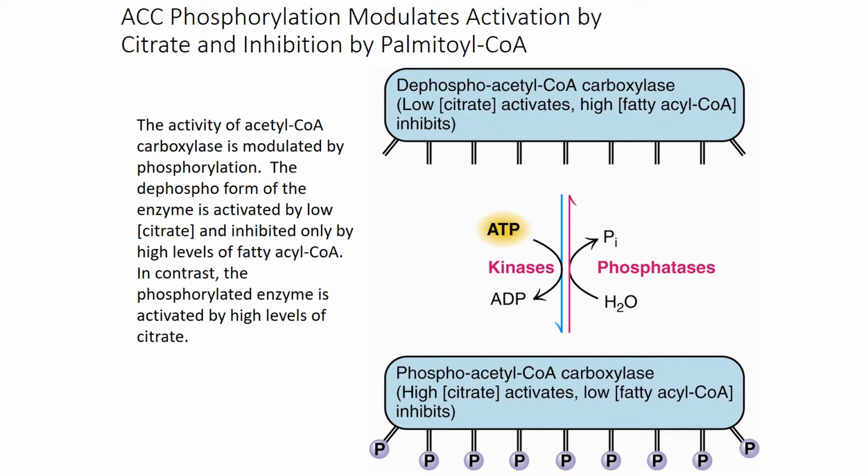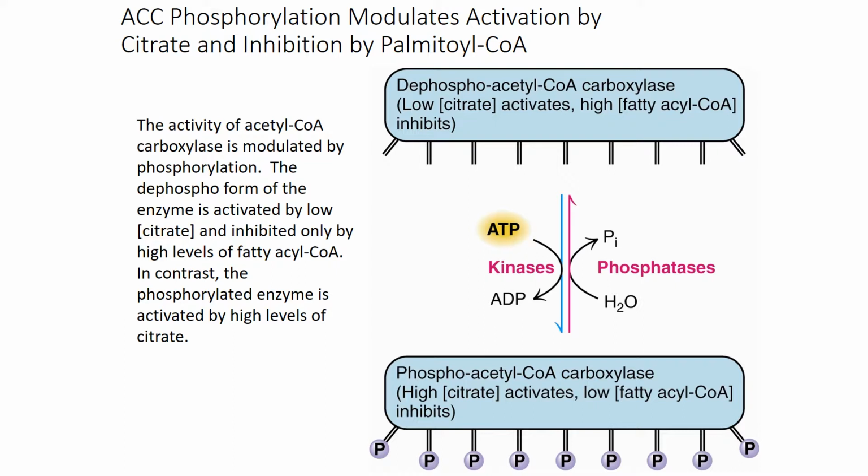The unphosphorylated acetyl-CoA carboxylase binds to citrate with high affinity, and thus it is active at very low concentrations of citrate. Conversely, high levels of fatty acyl-CoA are going to inhibit fatty acid synthesis. That means we already have a lot in our system.